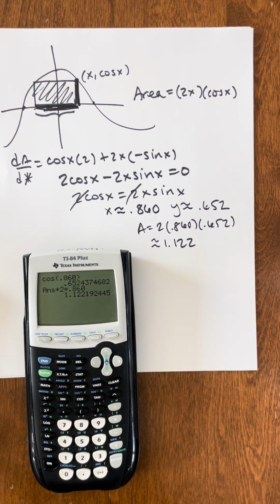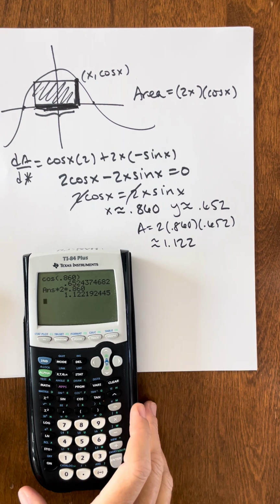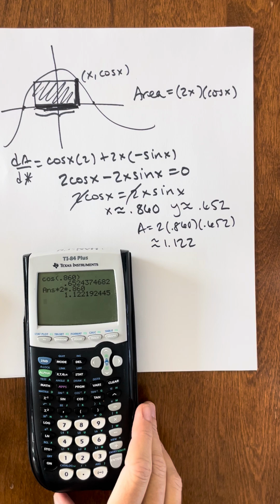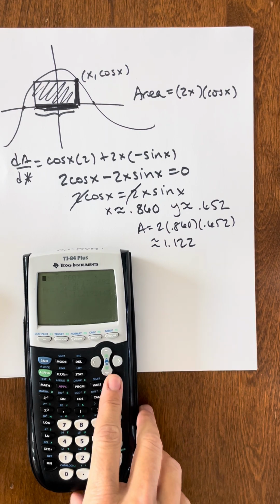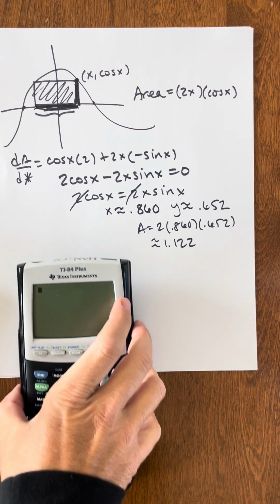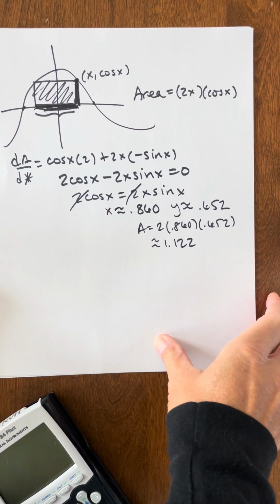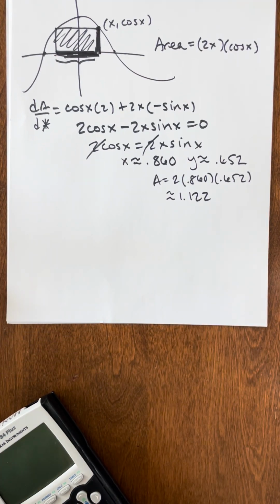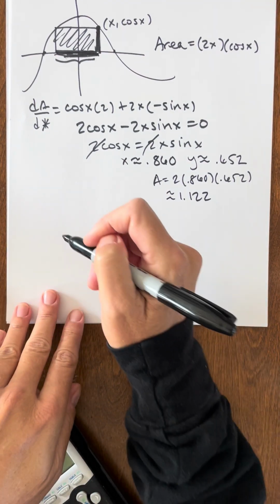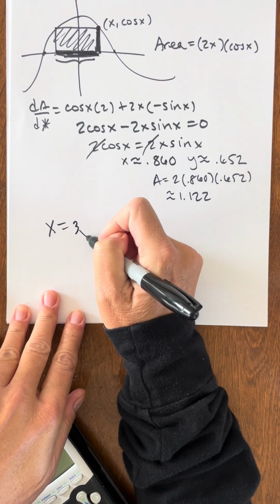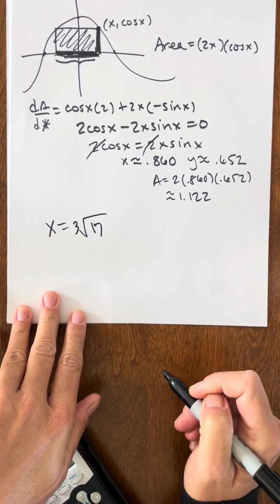All right, so I'm going to show you a couple of other quick things that we should know how to do in our calculator. The first one is how to store things. So let's say that I am solving something and I get a really ugly answer. So let's say that x is the cube root of 17.